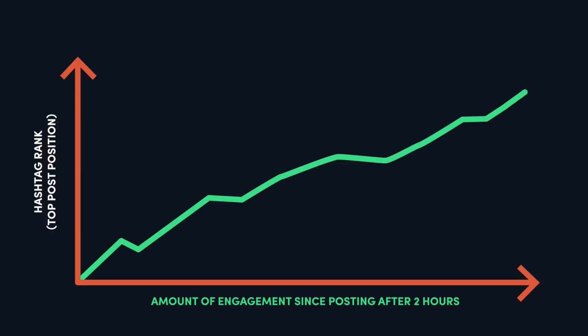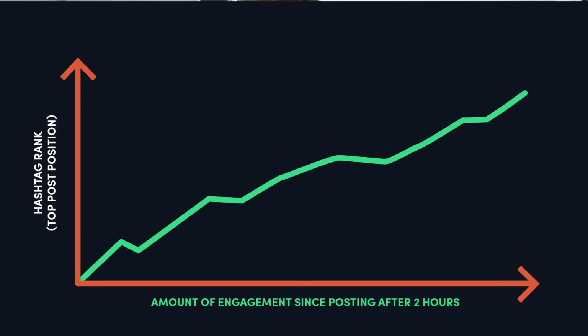If you're getting a good amount of engagement, likes, comments, shares through direct messages, people saving your image by bookmarking it on Instagram, all these little things Instagram will consider and say, okay, this is a good post. We should start putting it higher because other people will most likely enjoy this as well. So once you use that hashtag, it's going to hopefully start ranking it up in those top posts.